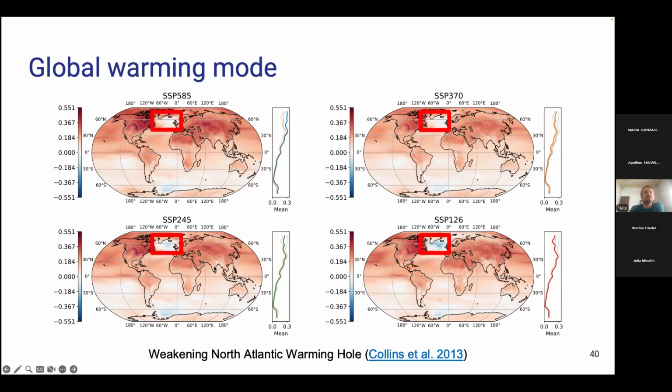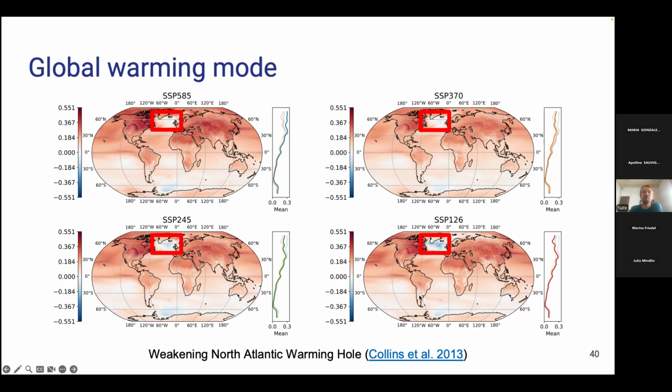And we also see this weakening of the North Atlantic warming hole as we look into higher and higher forcing scenarios. So I think this is where I try to play climate scientist, but this is associated with the North Atlantic Oscillation and the Atlantic Meridional Overturning. And this has been seen, I think, in previous work to weaken.